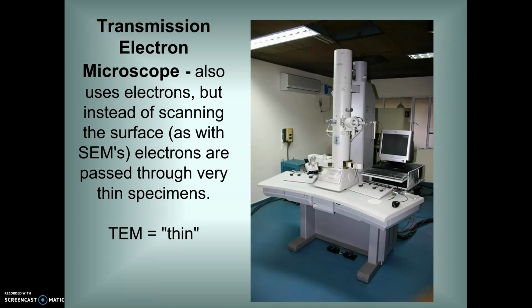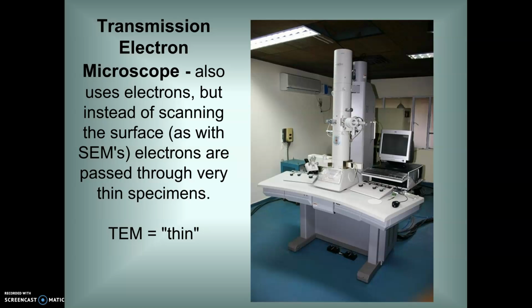Because scanning electron microscopes, as well as transmission electron microscopes, which is what this is a picture of, are huge. They're really big microscopes that use electron beams hitting the specimens in order to see them. But they do allow us to see things as tiny as viruses. So these are amazing microscopes for what they do, but they're not the kind that you would use in class.